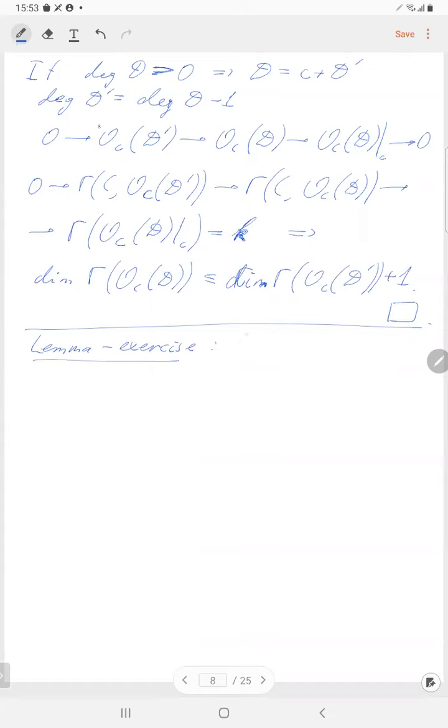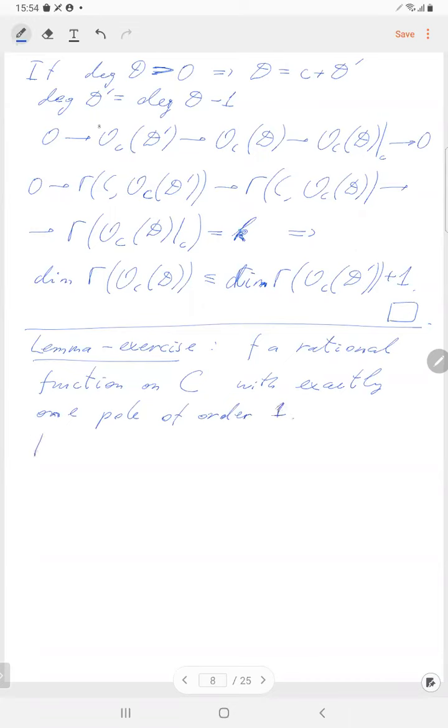Suppose you have a rational function on a curve C with just one pole, exactly one pole of order exactly 1.